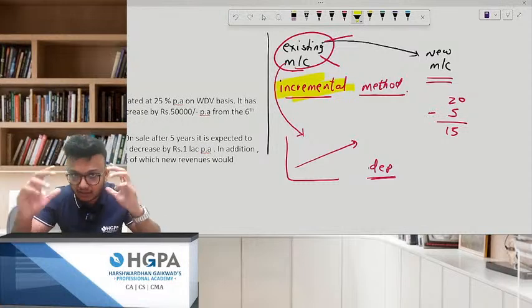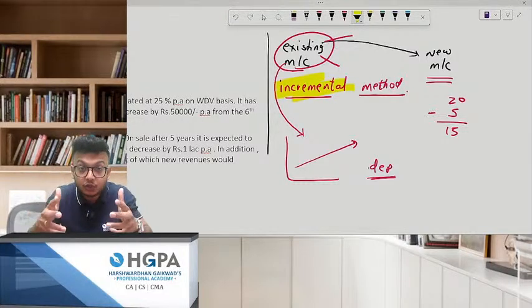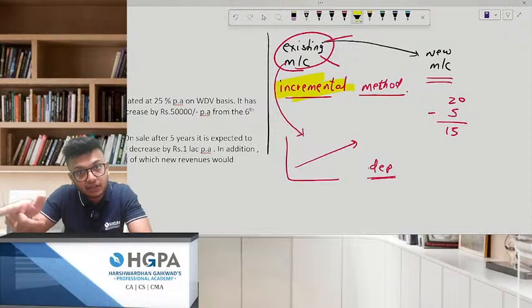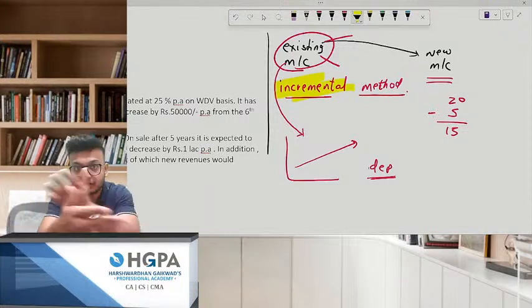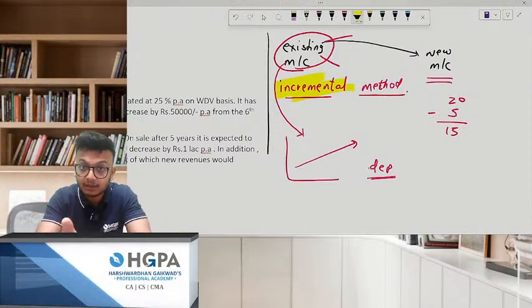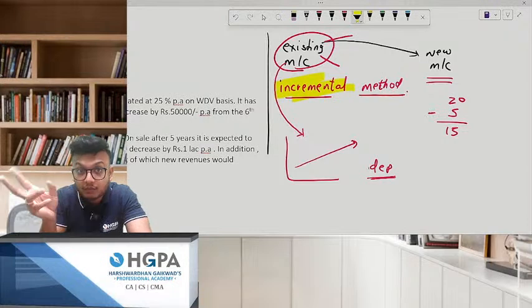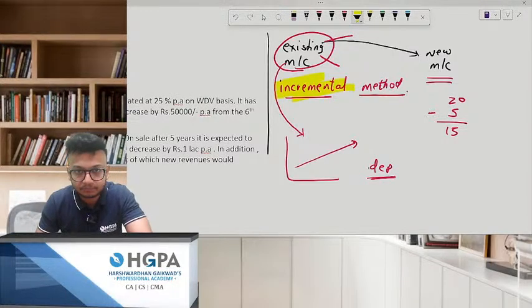So you might think, sir, this means we need to compute two different charts, one chart for the new machine and the other chart for the old machine, and then reduce the value. Yes, you have to do this only. But if the two machines belong to the same block of asset, then there is no need to do this. I'll tell you why in a couple of minutes.